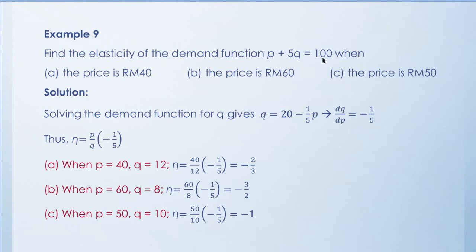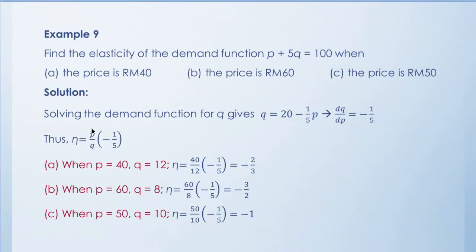So 5Q equal to 100 minus P, Q equal to (100 minus P) divided by 5, then we'll have 20 minus 1 over 5 P. So differentiating it, dQ/dP will be negative 1 divided by 5.